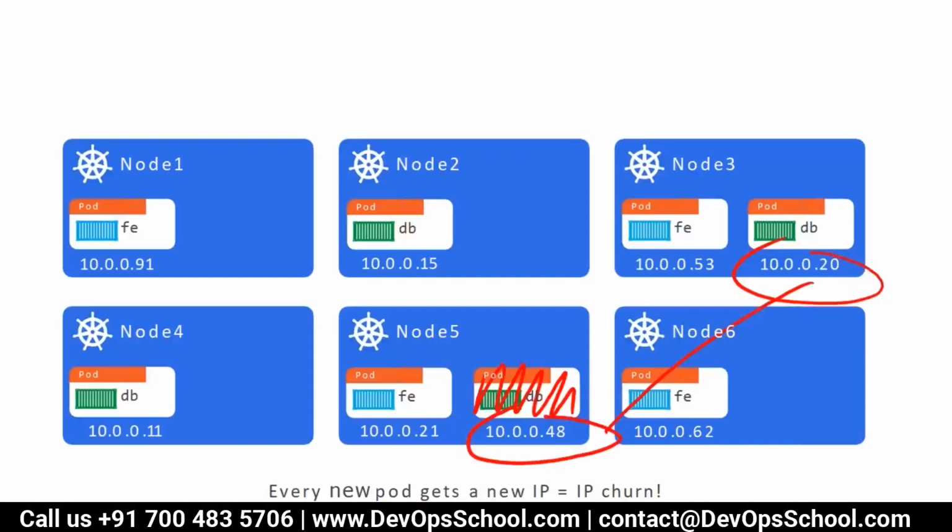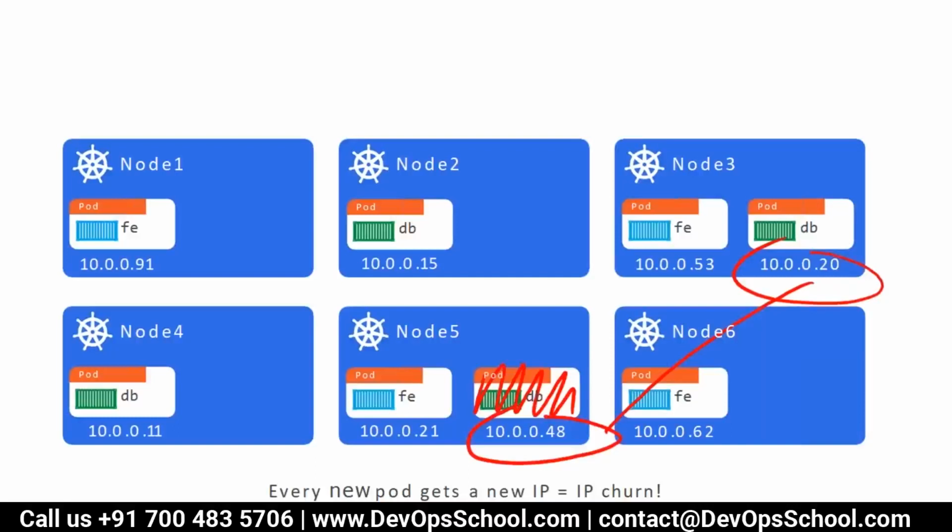You also notice that if the actual state and desired state are mismatched, then containers get replaced. So the moment pods get replaced, the new pods get a new IP address.